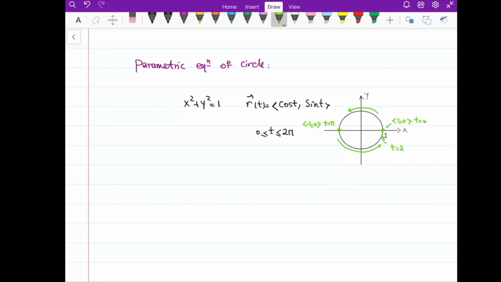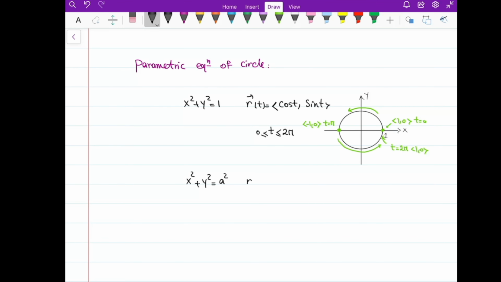At t equals 2 pi, I get cosine of 2 pi, which is 1, and sine of 2 pi, which is 0. I go back to here. So I go around the full circle of radius 1 when t is between 0 and 2 pi. That's why we use this domain for the parameter t in the parameterization.